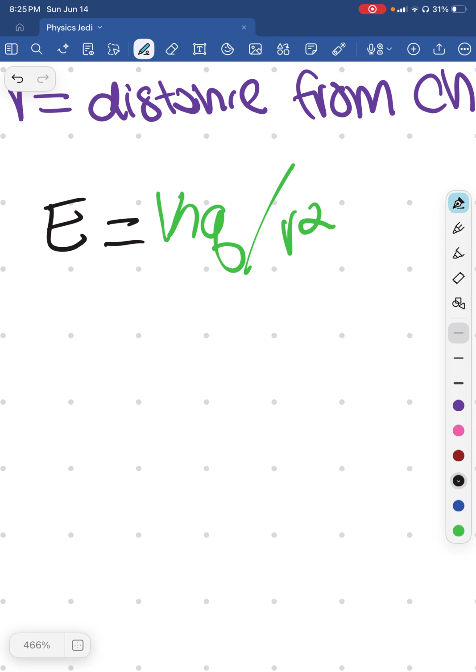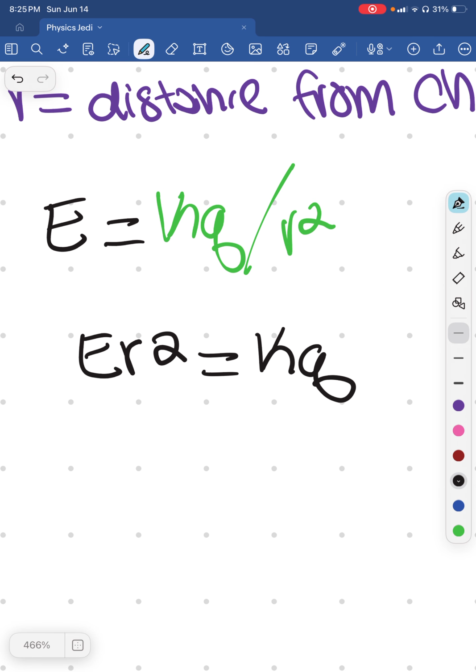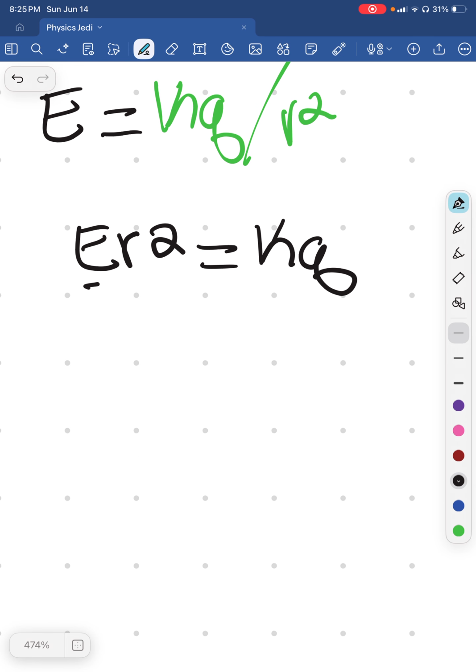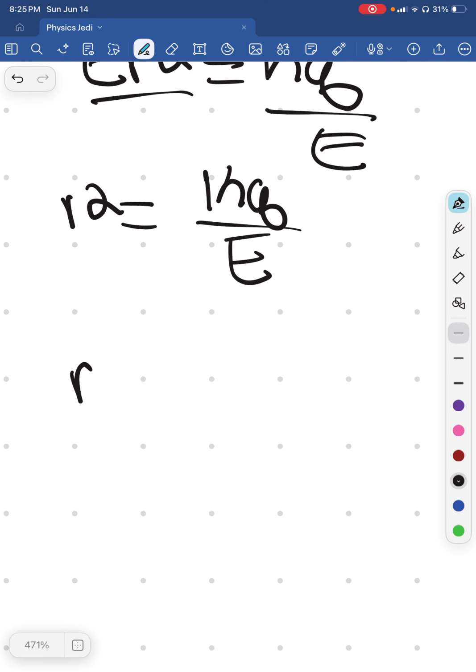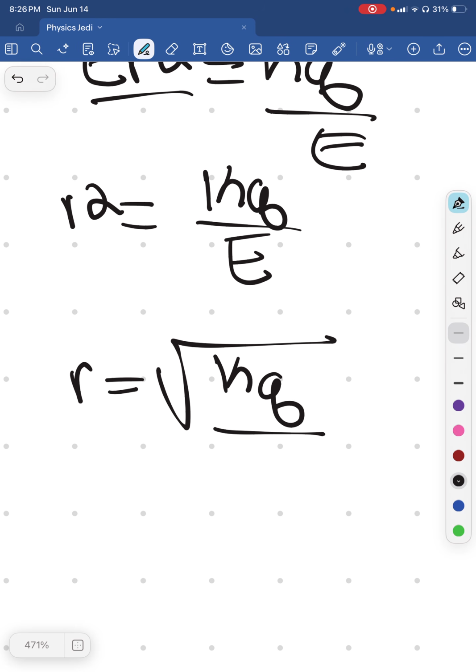Multiply both sides by r squared, which gives us E r squared equals KQ. Next, we're going to divide both sides by E, which gives us r squared is equal to KQ over E. Finally, just to get r, we have to take the whole square root.